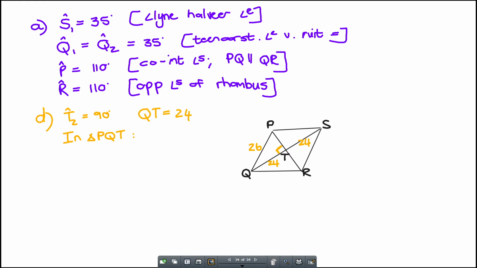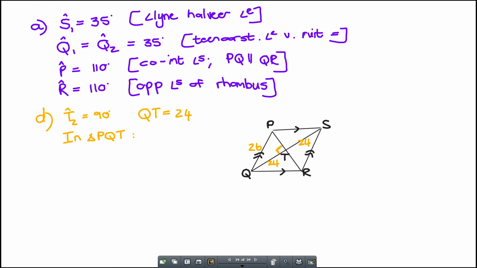Okay, nou, kyk gou by D. D sê hulle vir my, hier toe kom vir jou geteken. PQRS is a rhombus. Okay, so immediately we know that that will be parallel to this and that to this. Nee, daar's baie goed wat ek hier kan gaan inskryf, but I don't want to write too much if we don't need it.